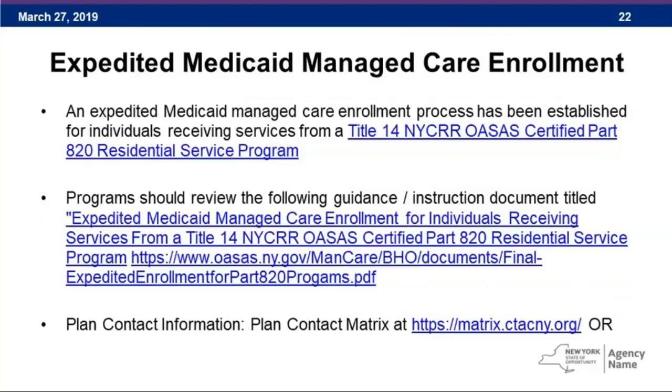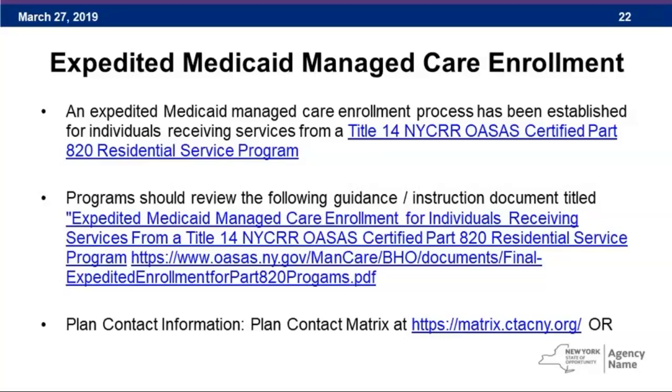So this piece, we're now on the slide titled Expedited Medicaid Managed Care Enrollment. All the reimbursement for stabilization and rehabilitation, that treatment per diem, runs through the Medicaid managed care plans. There has been a customary length of time that was built into the overall New York State plan enrollment system about how long it took somebody to get enrolled in and assigned to a Medicaid managed care plan.